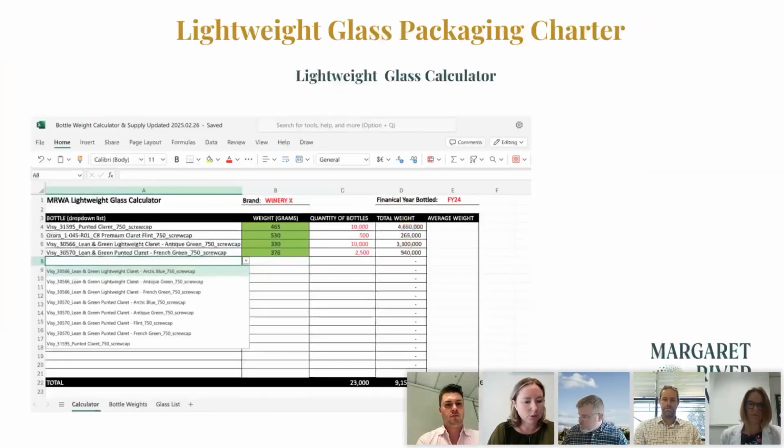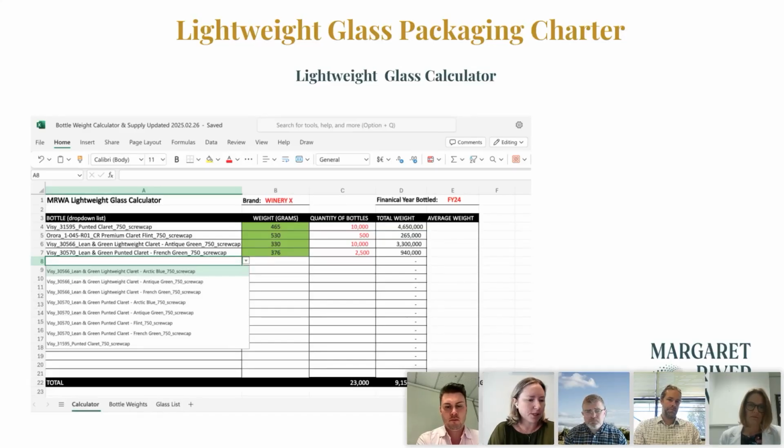So we've got a number of tools that we have designed to go alongside our packaging charter to make this process as straightforward, easy and accessible as possible. What I have up here is just a screen grab of our calculator.